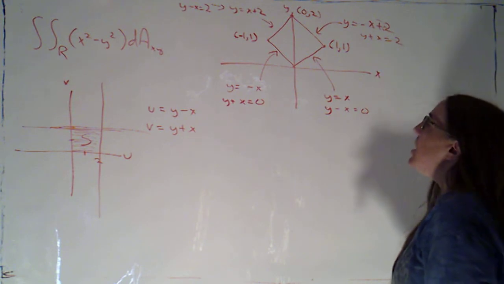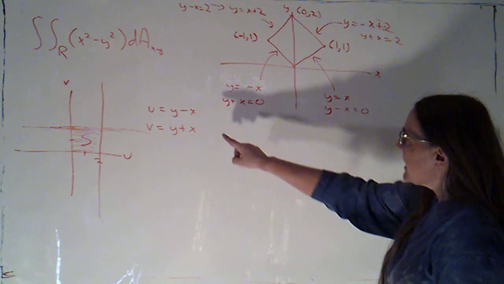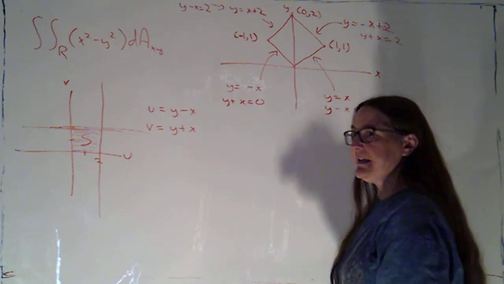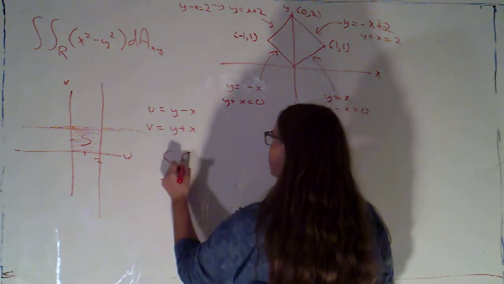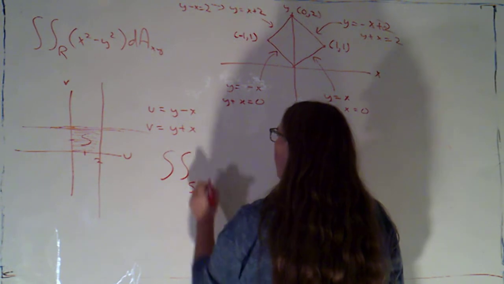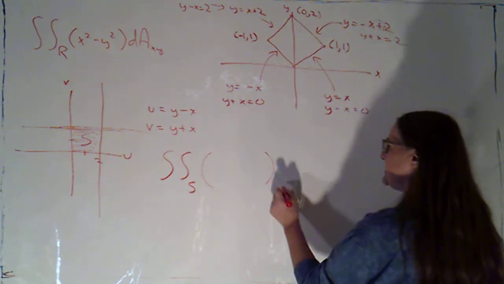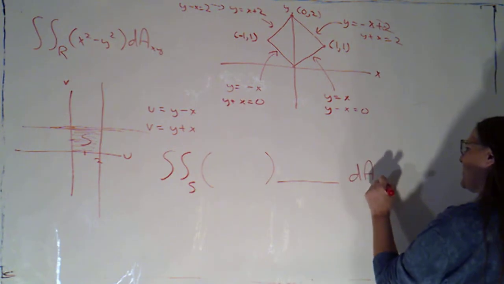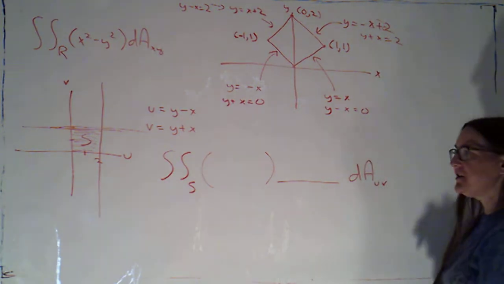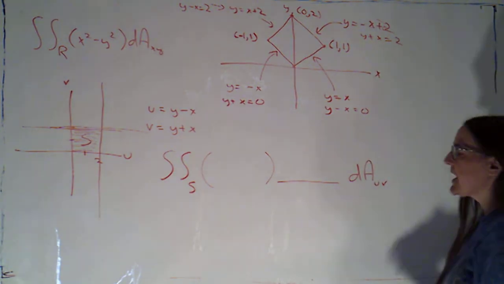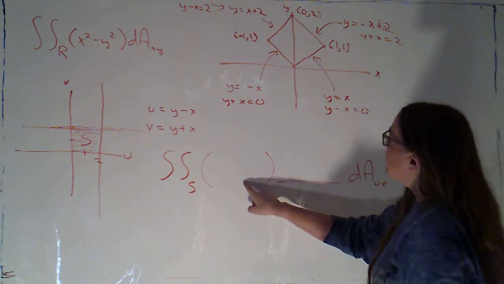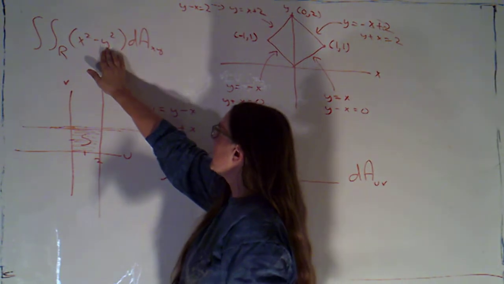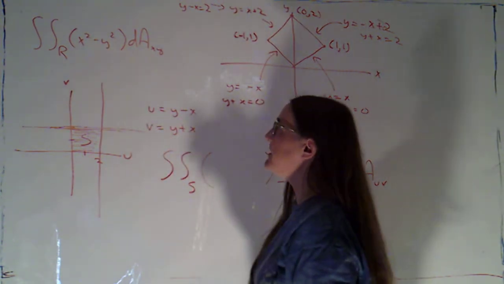Now, that's actually fairly helpful for me in rewriting the integrand, because I'm going to say now this is the double integral over S. I'm going to rewrite my integrand, introduce my scaling factor, and then say I'm integrating with respect to area in the uv plane. Now, to find this, I need to express x squared minus y squared in terms of u and v.